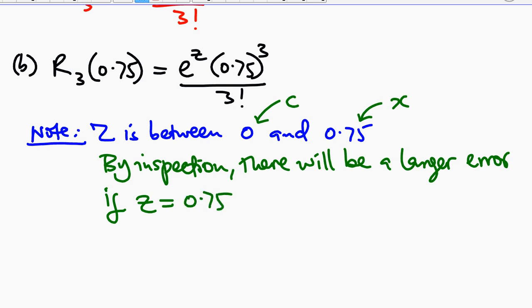This is by inspection, very important. All right, so let's carry on.